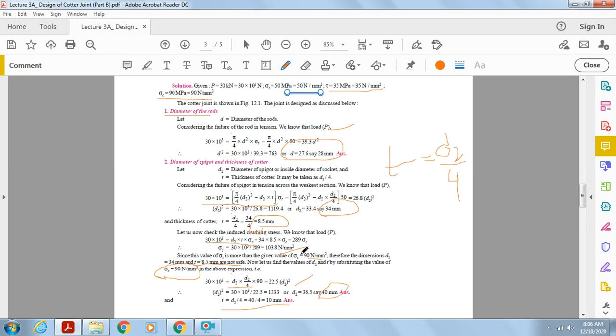Previously d2 was 34 millimeter, so considering the safety aspect the dimensions have been increased. The diameter of the spigot has been increased from 34 to 40, and the thickness of the cotter from 8.5 to 10 millimeter. Now the design is absolutely safe, so we can go ahead with those dimensions.